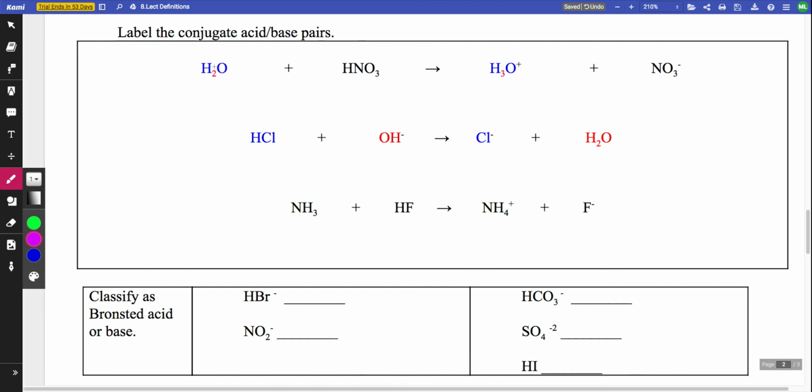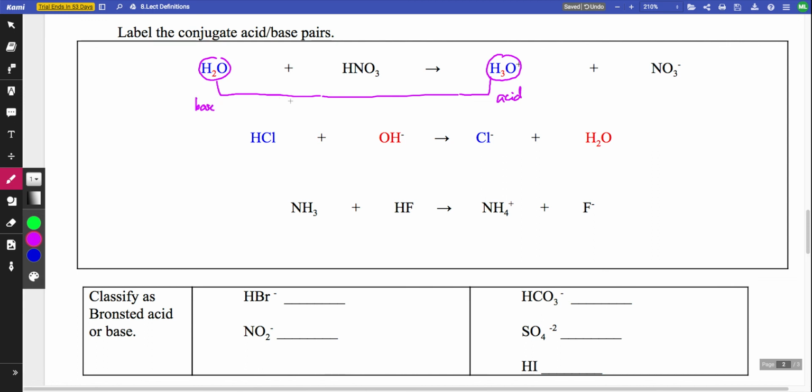If I were to label the conjugate pairs, this H2O and this H3O+ are different by 1 H, therefore they are pairs. This is the acid, and this is the base.